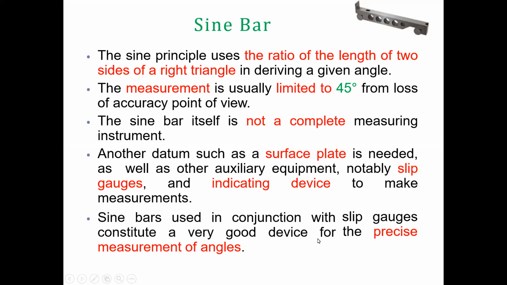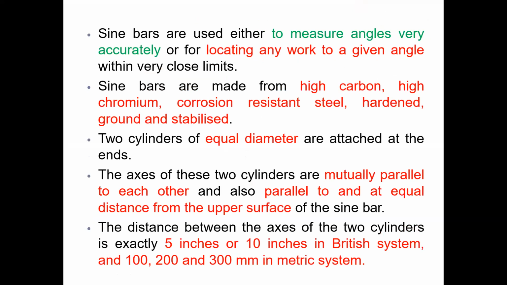If you use slip gauges, an indicating device and the surface plate, then only you can measure the angles and it gives accurate results. Sine bars are used either to measure angles very accurately or for locating any work to a given angle within very close limits.